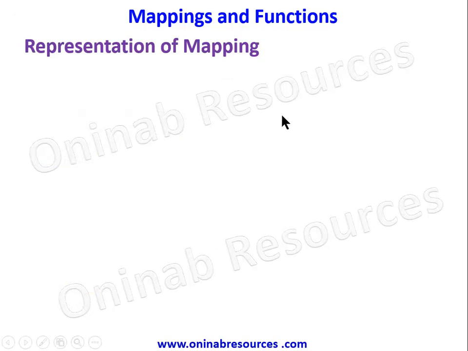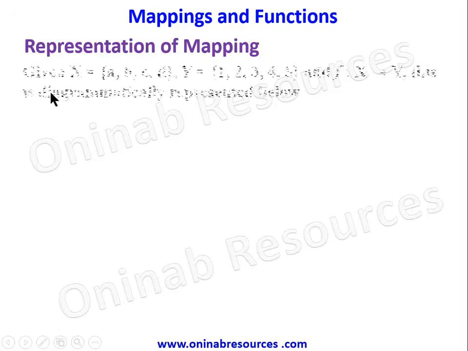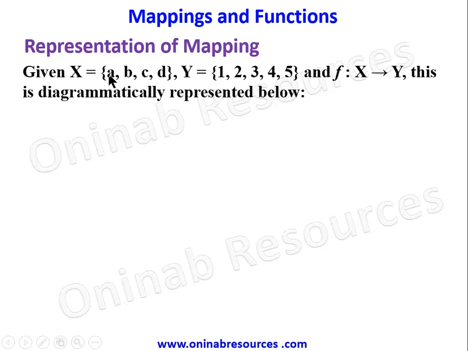Now, representation of mapping. Given X is a set of a, b, c, and d, Y is a set of 1, 2, 3, 4, 5, and f is a mapping from X onto Y. This is diagrammatically represented below.